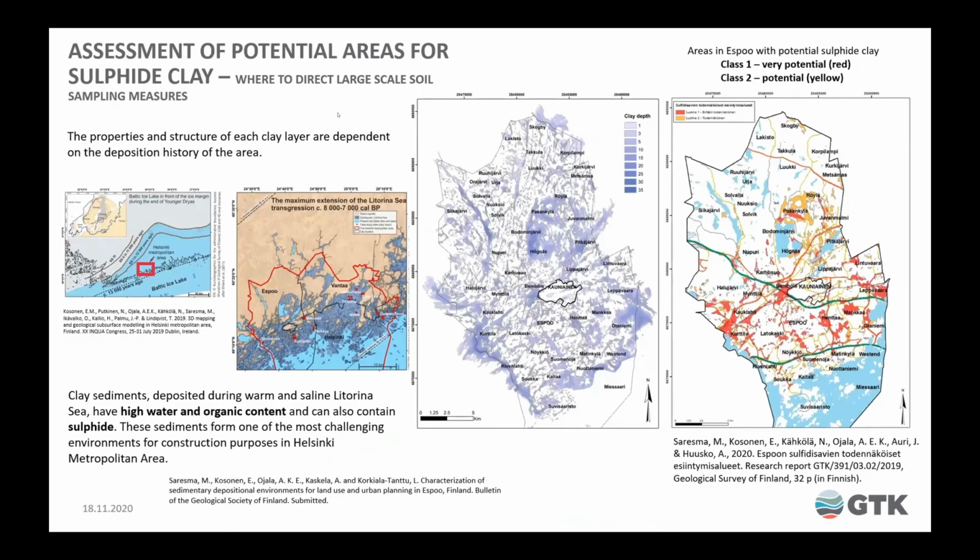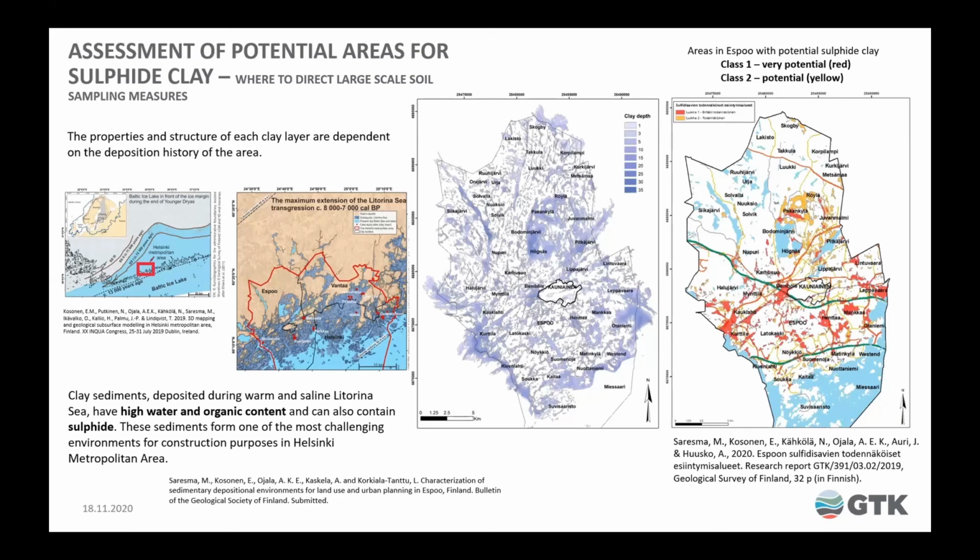And then this is my last example. I told you the sulfide sediments are an important issue at the moment, and in GTK we do a lot of research on them at many different scales: on national scale, on regional scale, and even on local scale. This is an example of assessment of the areas of potential sulfide clays.